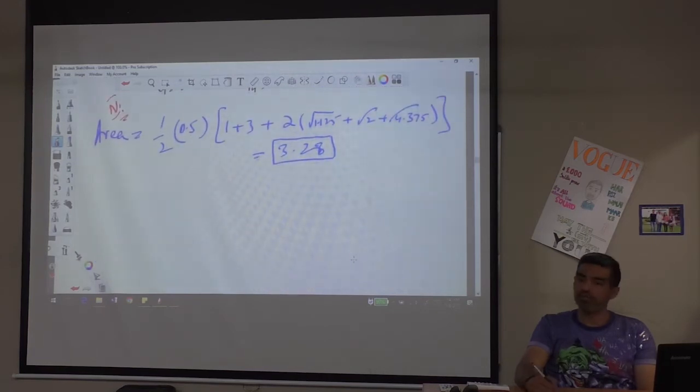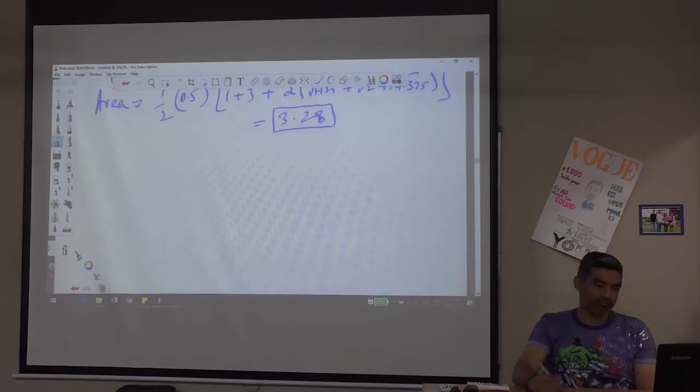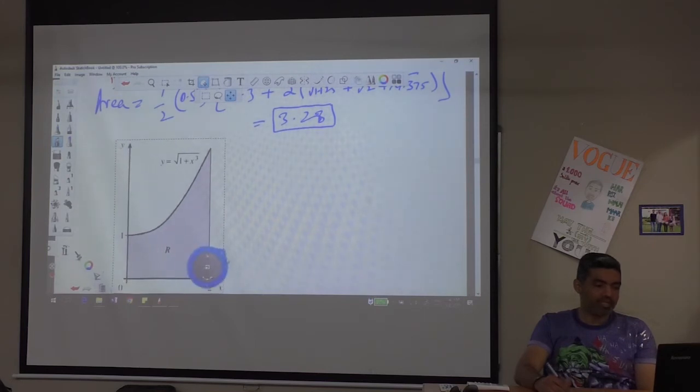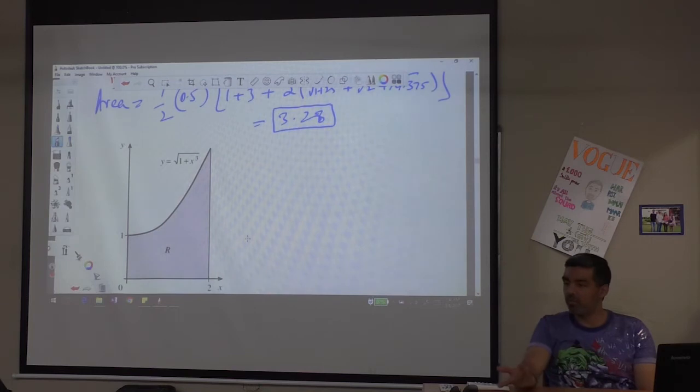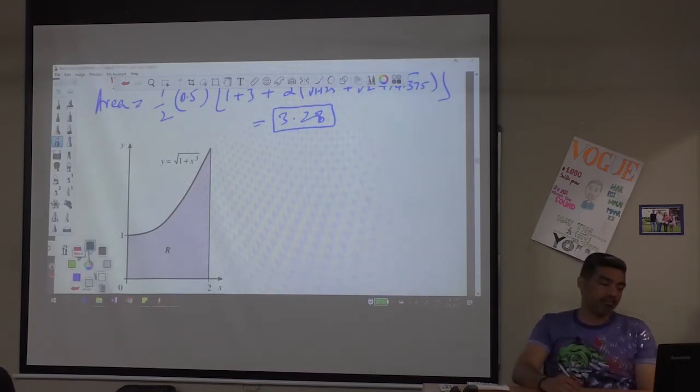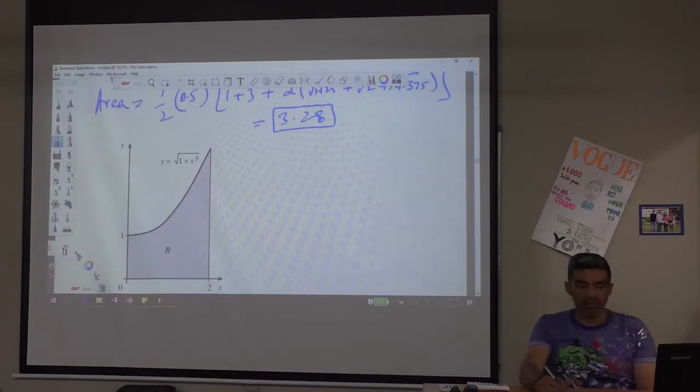Are you all okay here? Acha. Now, how do we tell whether the answer is an underestimate or an overestimate? We don't know the actual answer, but by the diagram you can. This is how you judge.